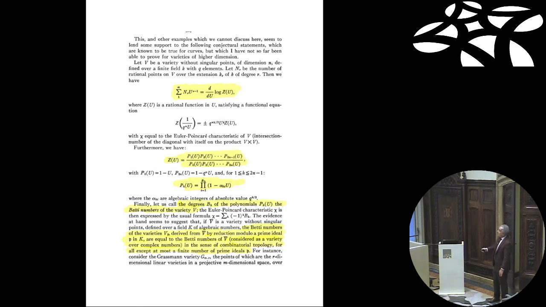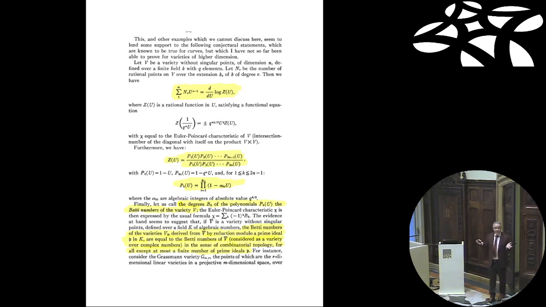And he says much more, because this is where the non-singularity condition plays a role. In this case, not in the general case, you have these alphas having a very specific complex absolute value in terms of Q. And these polynomials are related to the so-called Betti numbers.